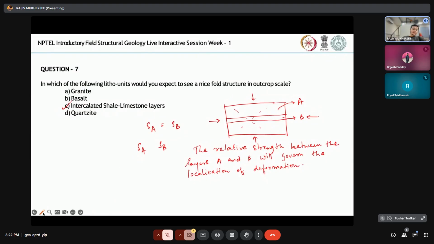The thing is, if the strength of material A is not equal to the strength of material B, the easiest way to say that is there is a difference between the strength of the material at the interface, and that thing is known as the competency contrast. So if there is a competency contrast, if you compress the material, then you will tend to develop buckle folds.